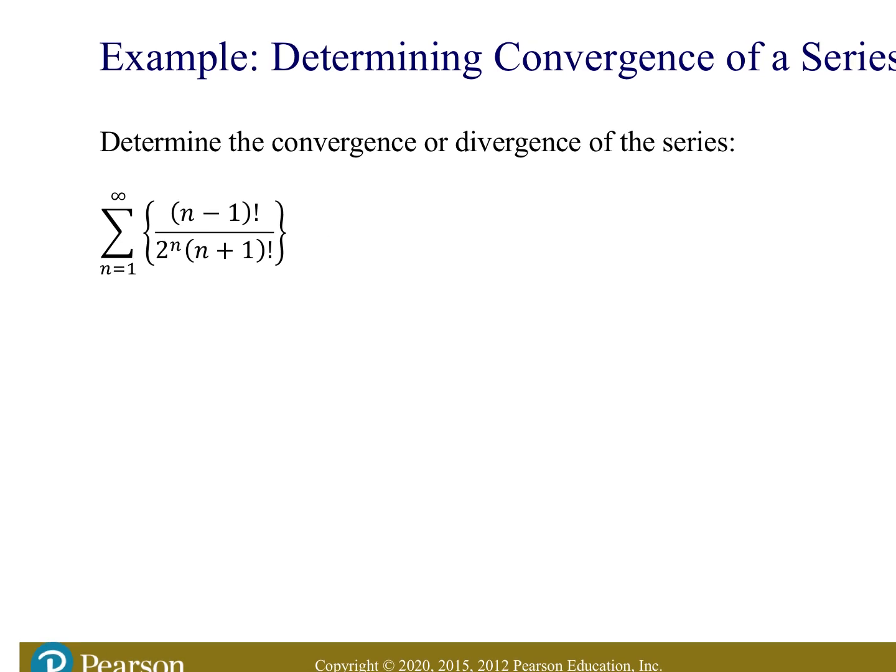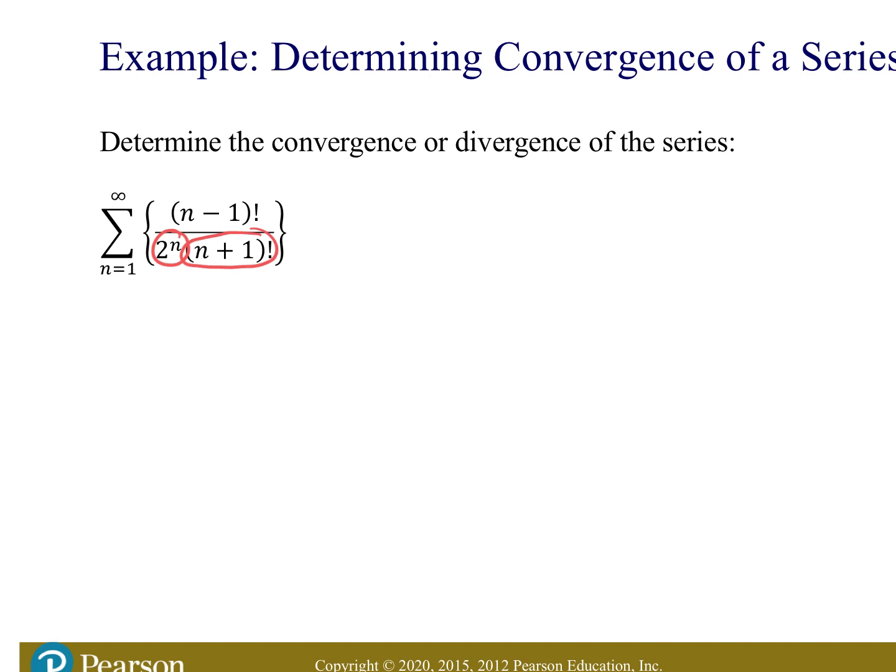All right, here we go. So we're ready to start off with this one. We just have to check the positivity. So we know that 2 to the n is always a positive number. We know that n plus 1 factorial will always be a positive number because you just start with n plus 1 and do all your factorials down to 3, 2, 1. You never get negative numbers. Same with the numerator.